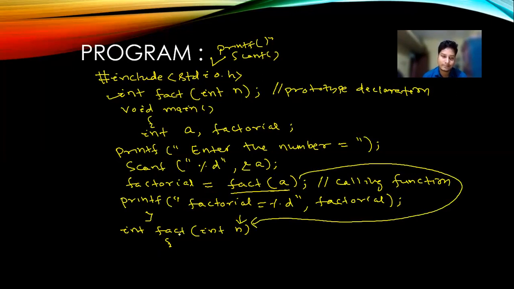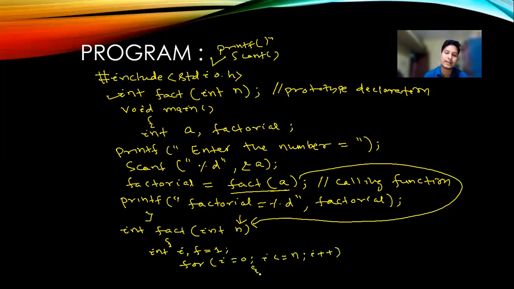Now here I am declaring two variables, int i comma f. The value of f is initially 1. I'm assigning it. So now I will declare a for loop. So for i equal to 0 semicolon i less than equal to n semicolon i plus plus. Okay.